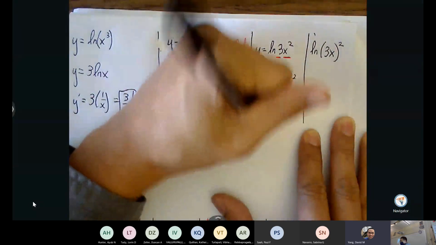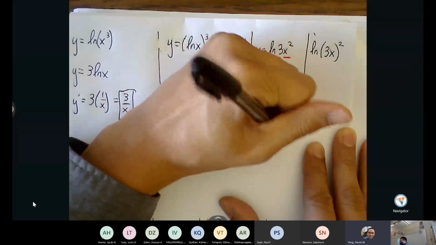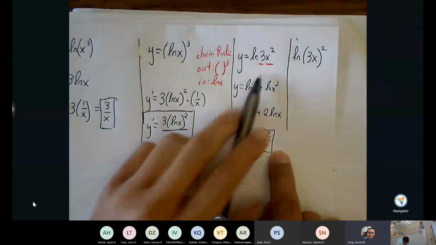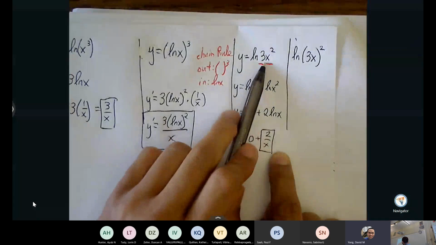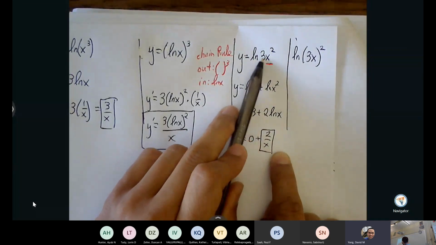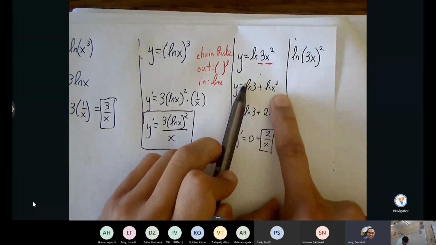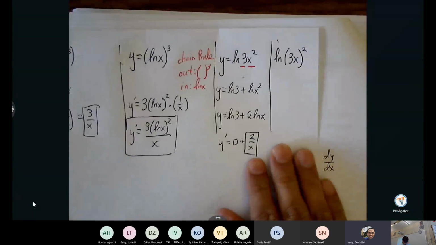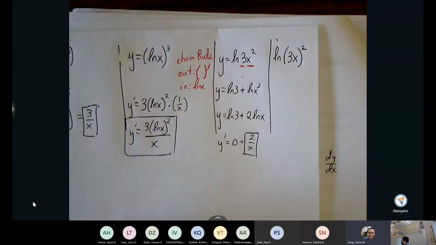And then y prime will just be 0 plus 2 over x. But my suggestion is if your u value is already sitting at a pretty easy form, I would jump into the derivative. I don't think it's worth the effort to expand to that point. It's not wrong, it's just for time saving purposes.